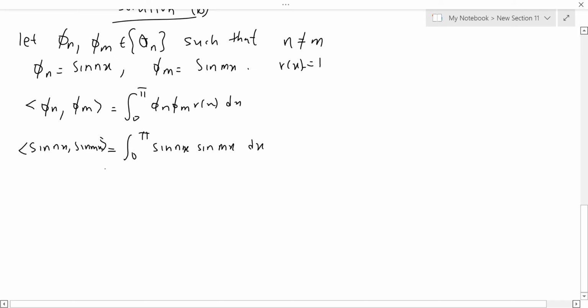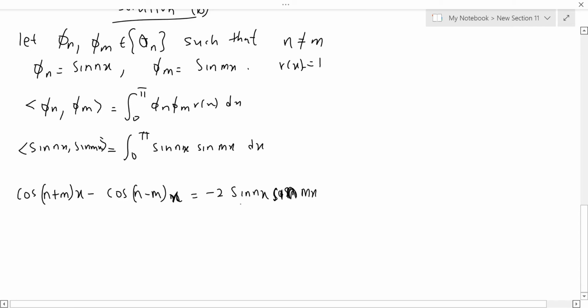To evaluate this integral, there is a trig property you must know. The property is this: cos(n plus m)x minus cos(n minus m)x gives you minus 2 sine nx sine mx.